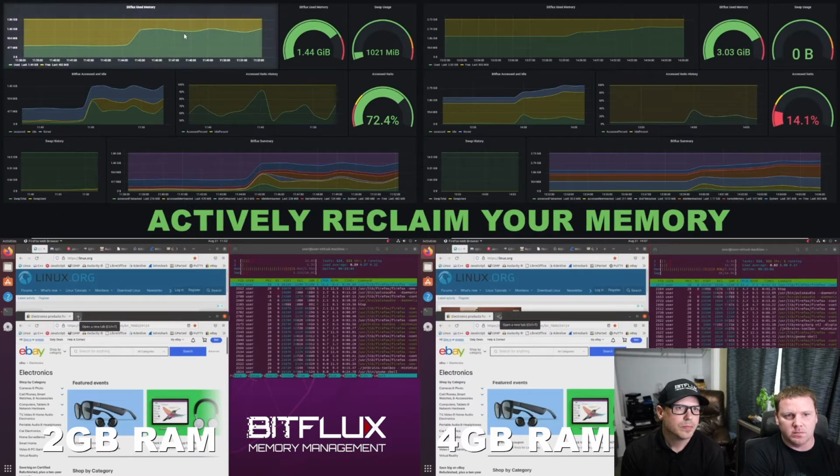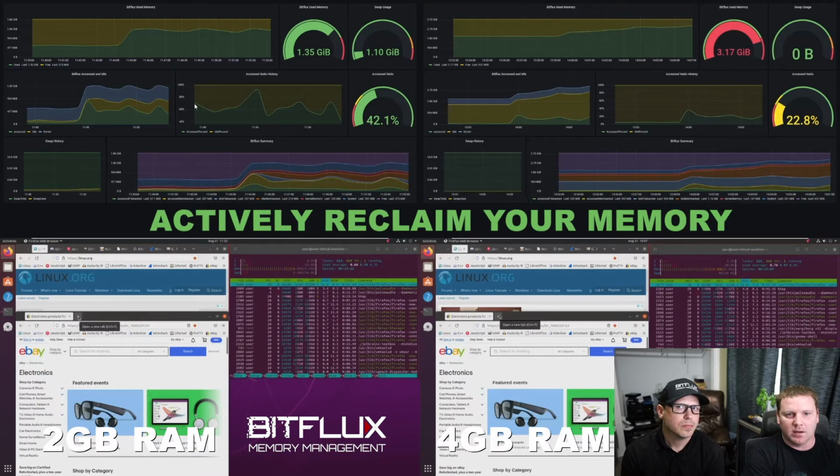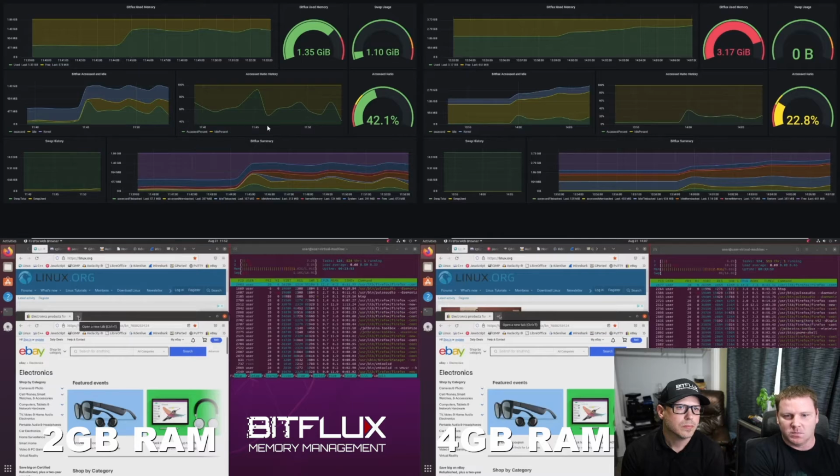If you see these little dips as the graph goes along, we don't really go above this line very much. That's because we're shrinking the cache data mostly. In addition, there are parts of these applications that aren't really ever used, and that information can be moved into swap, into cold storage. It's available if the application needs it, it's predictable to get that data back, but it doesn't need to be in your way, and you can keep doing your job.